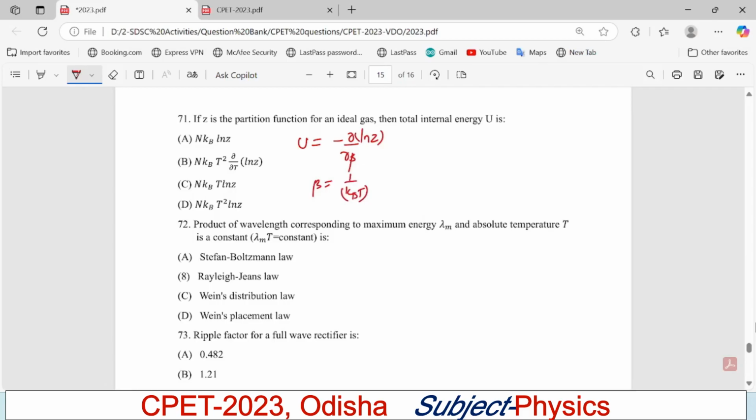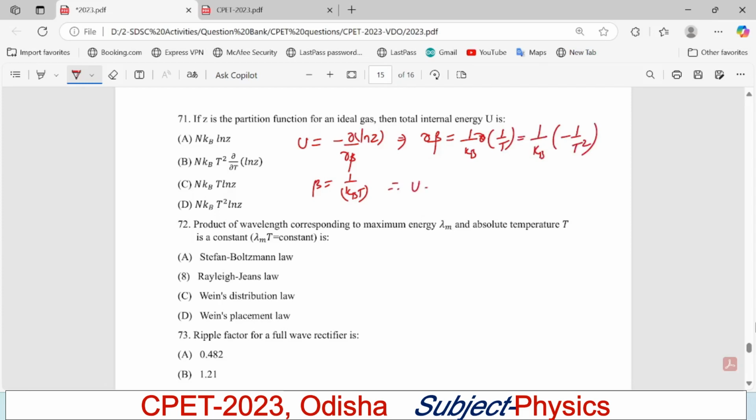So what we can do here: beta is 1 by kBT, so del beta is 1 by kB into del of 1 by T, which will be equal to 1 by kB into minus 1 by T square.